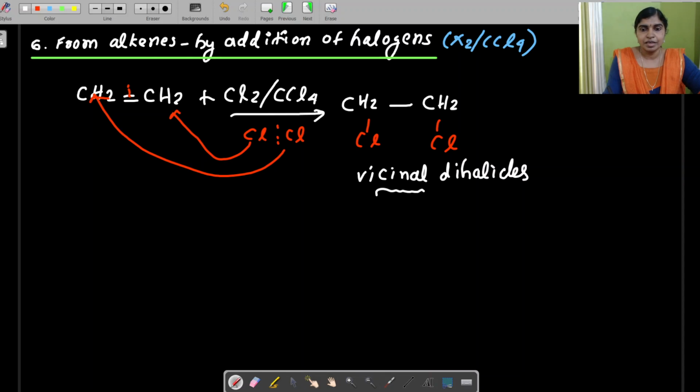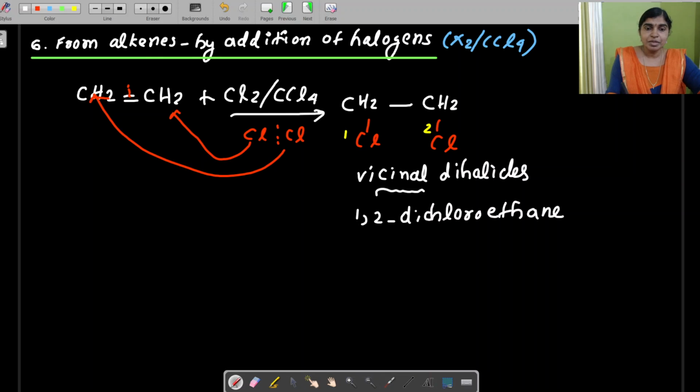Here it is 1, 2 positions. And what is the name of this compound? How will you number this? This is 1 and this is 2, isn't it? So how will you name this? This is 1,2-dichloro plus ane, that is ethane. Okay, this is 1,2-dichloroethane.